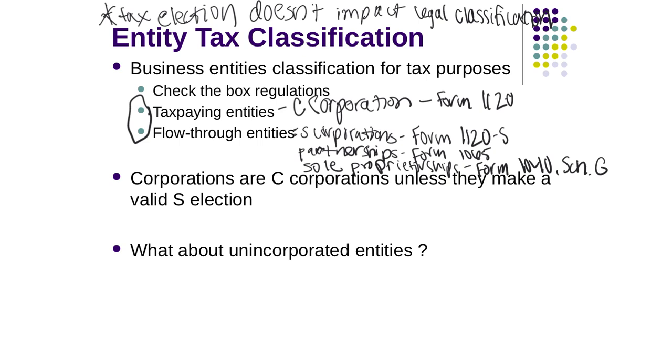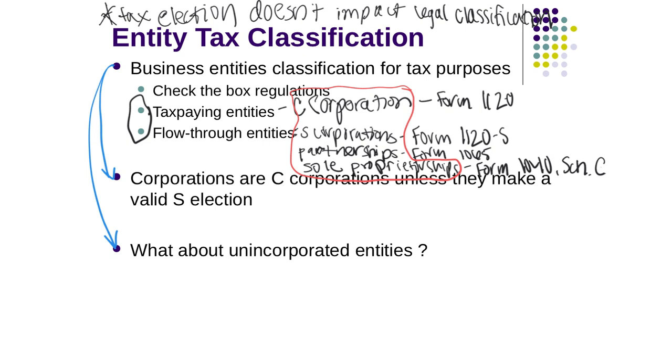Some other things with tax classifications are check the box regulations. What those check the box regulations mean is going to be specifically related to these down here. The check the box regulation is kind of what it sounds like.